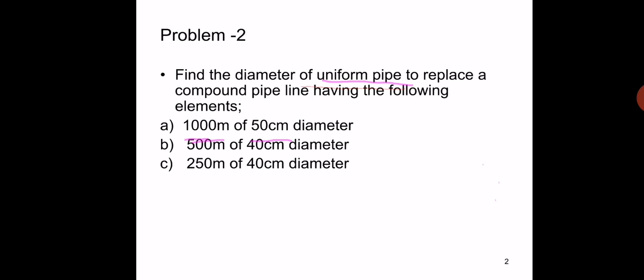L1, L2, L3 are the different lengths of the compound pipes respectively. D1, D2, D3 are the diameters of the compound pipes.